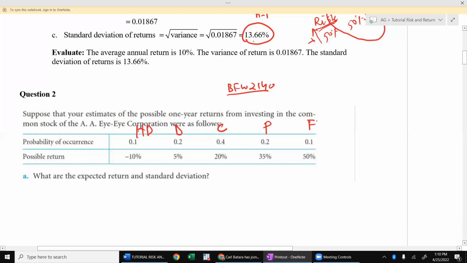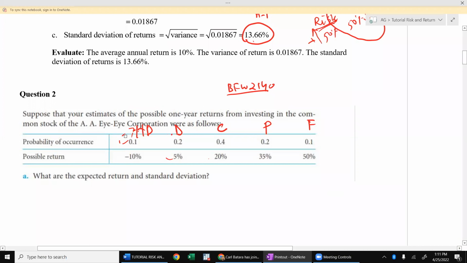Sometimes students say that there are 10% chances that you are going to get HD, 55% chances D, 20% chances C, right? So it means these are the chances that you are going to get a certain expected average. Because you don't have any historical data, you make estimates.